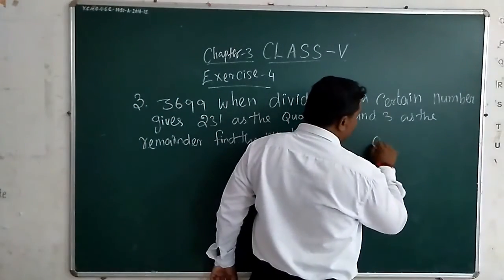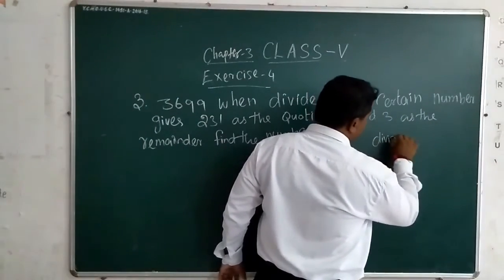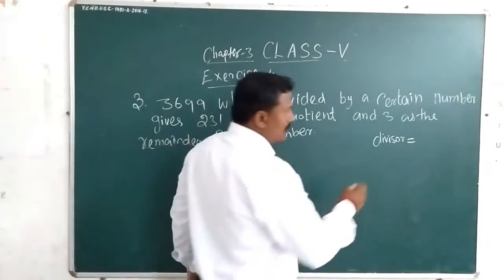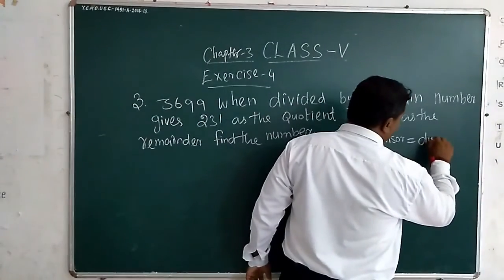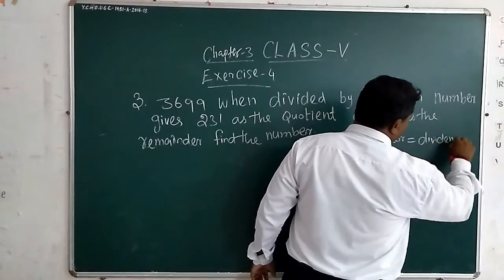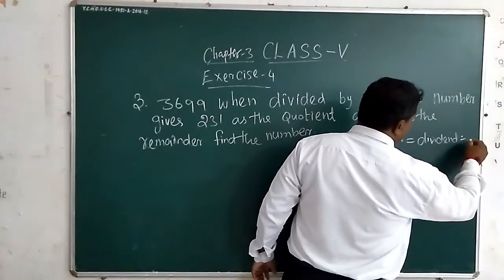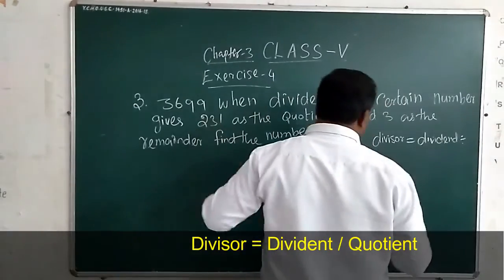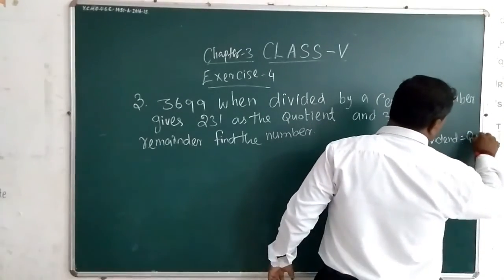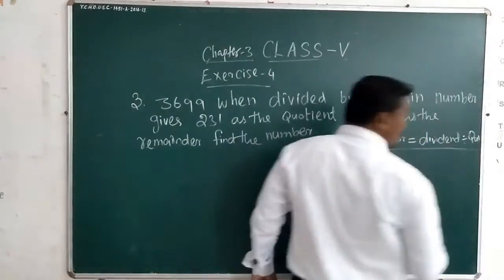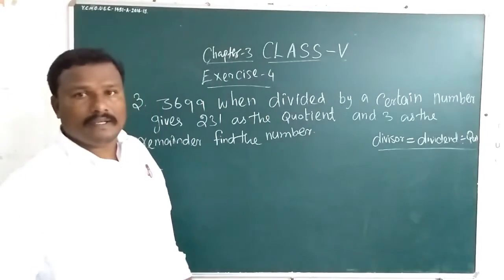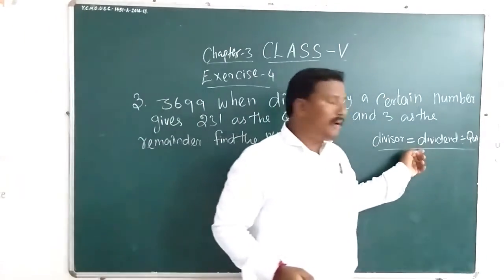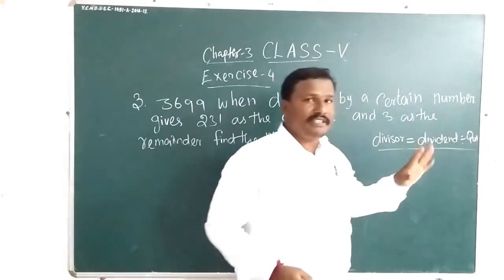If you want to find out the divisor, divisor is equal to dividend divided by quotient. This is the formula. If you want to find out the divisor, we have formula dividend divided by quotient.